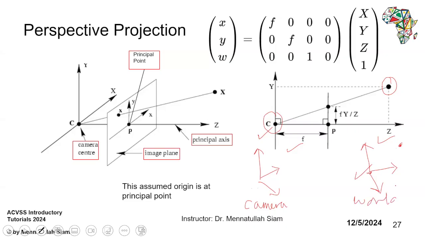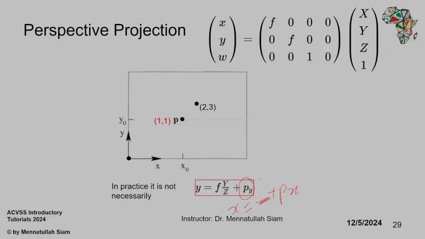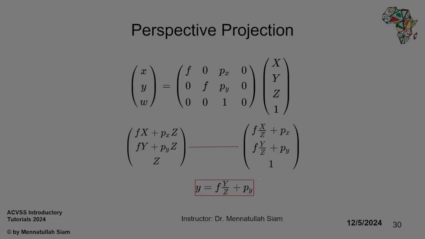Let's call it the world coordinate system. Now you need to transform from the world to the camera, so that this point is actually with respect to the camera coordinate system. This is the step that we stopped at, and this is what we will be looking at now.